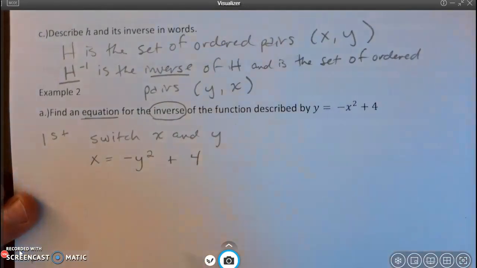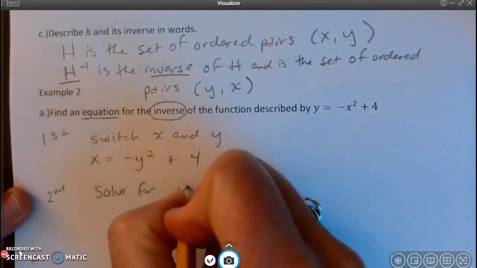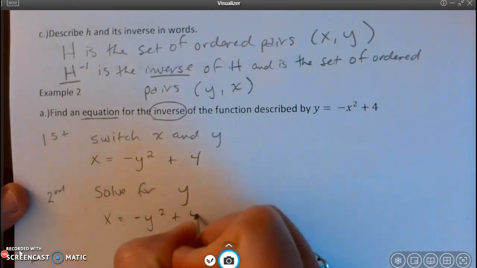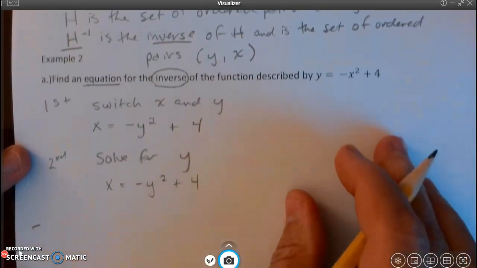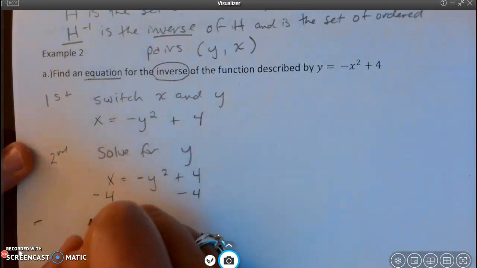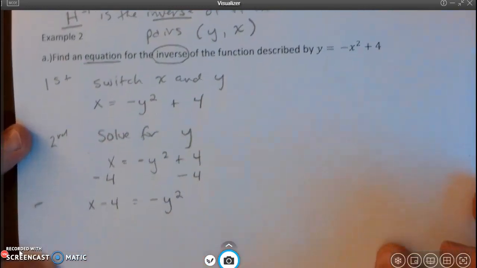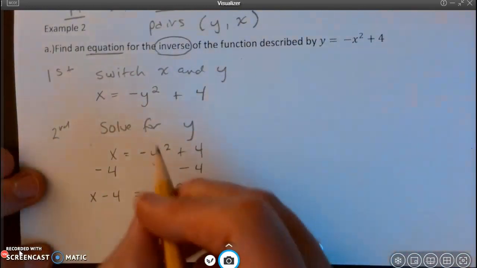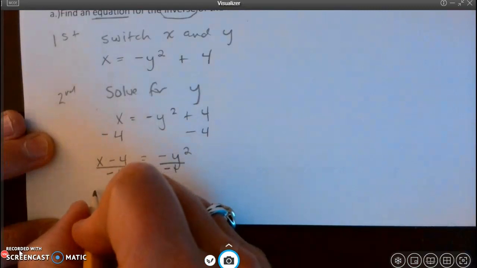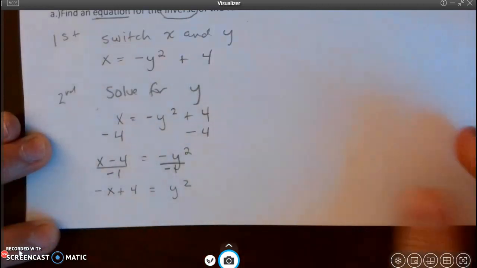Right, and then my second step is going to be to solve for y. So I'm going to take this equation, x equals negative y squared plus 4, and solve for y. To do that, I'm going to subtract 4 from both sides, and I get x minus 4 equals negative y squared. I really don't want negative y squared, so I'm going to divide both sides by negative 1, and I'm left with negative x plus 4 equals y squared.